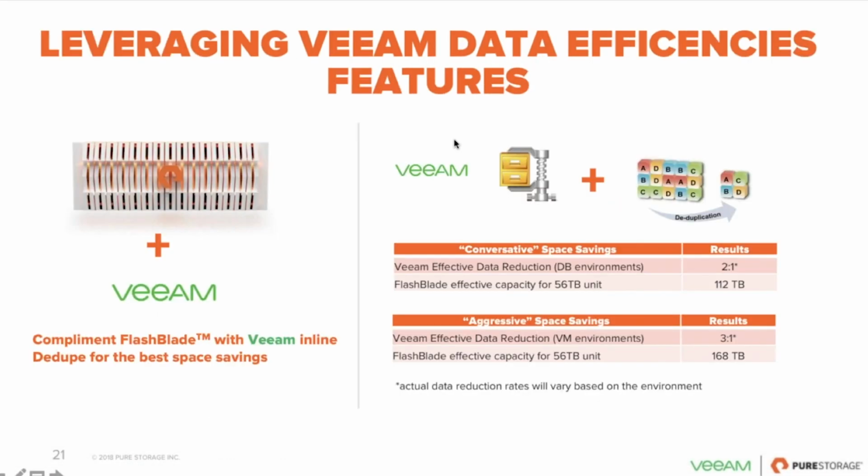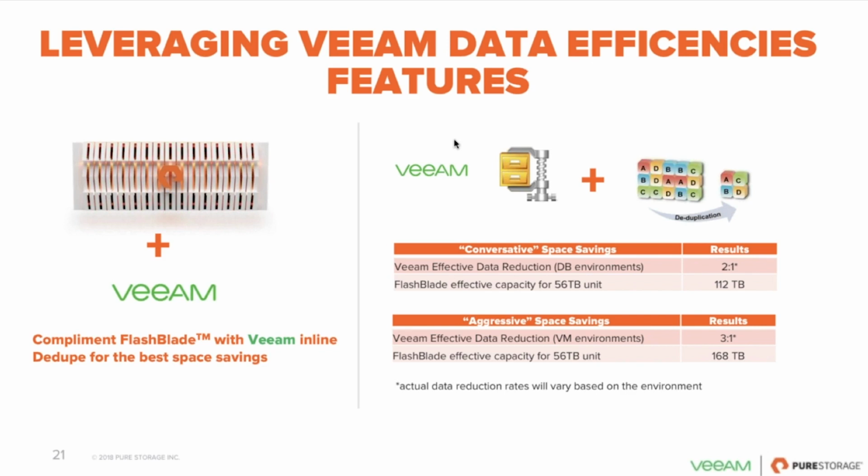And this talks about, again, how easy the integration is between Veeam and FlashBlade. This gives you some orders of magnitude when you use the deduplication technology that Veeam has already built in itself.